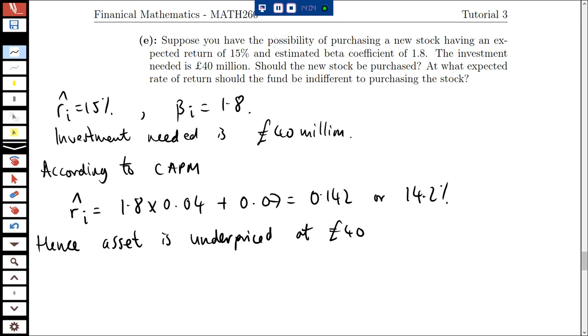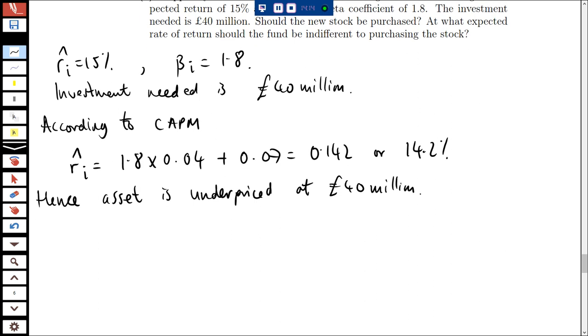At 40 million, it should be producing about 14.2%. Actually, again, a lot more than that. So it's underpriced. And we can quantify this if we look at the expected return.